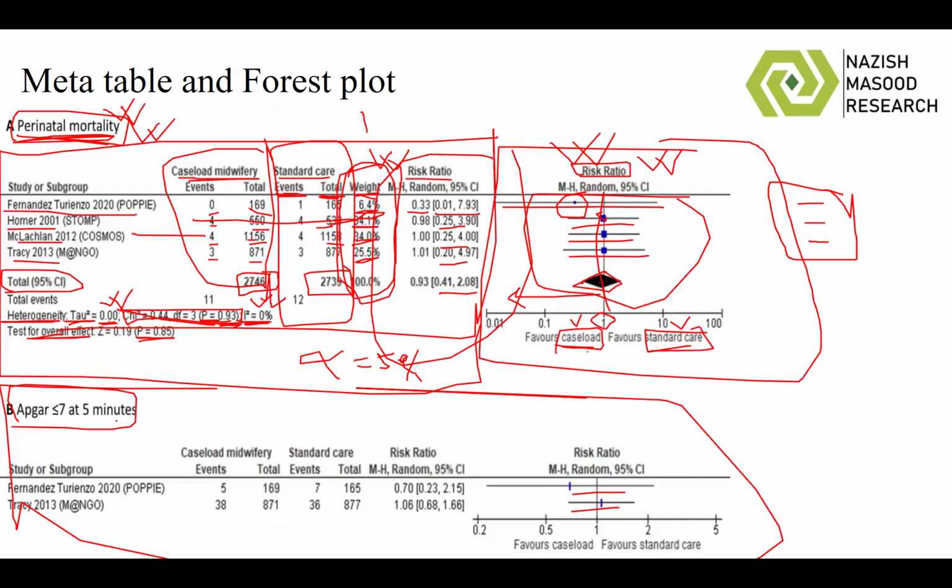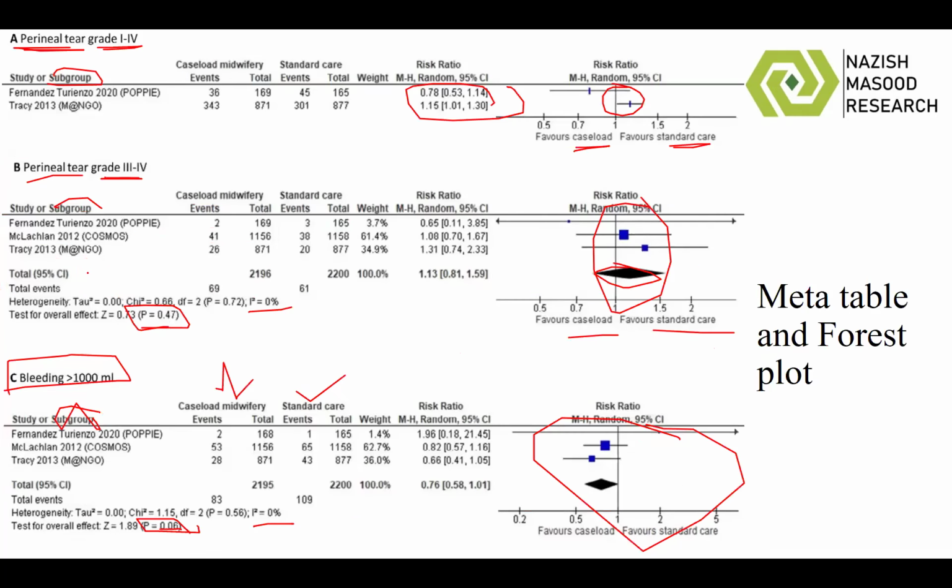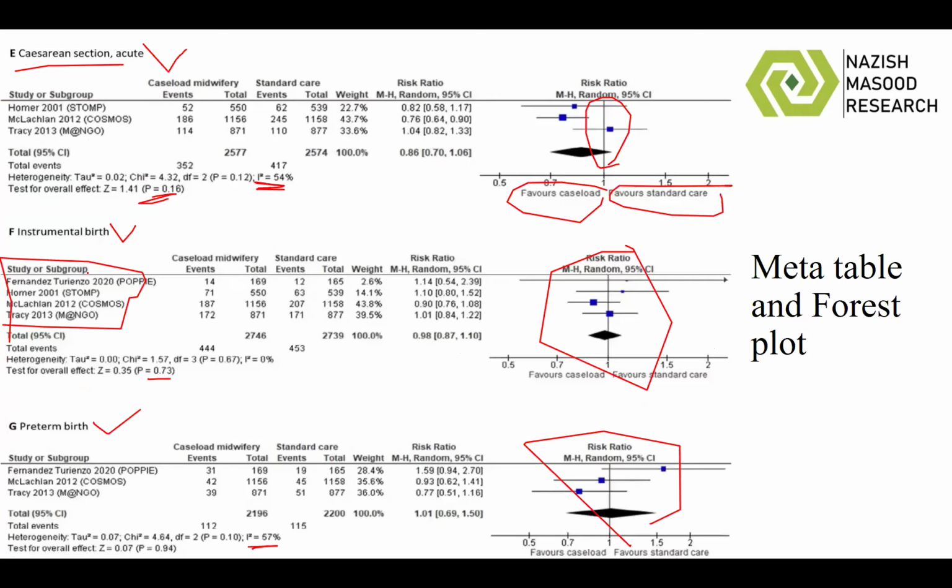For example, the APGAR score was only calculated in 2 studies. But if you look at the perinatal mortality, it was calculated in 4 studies. I think the overall studies that they took was somewhere around 8 or 9. So there might be overlap for some subgroup analyses between studies, but there might be not.